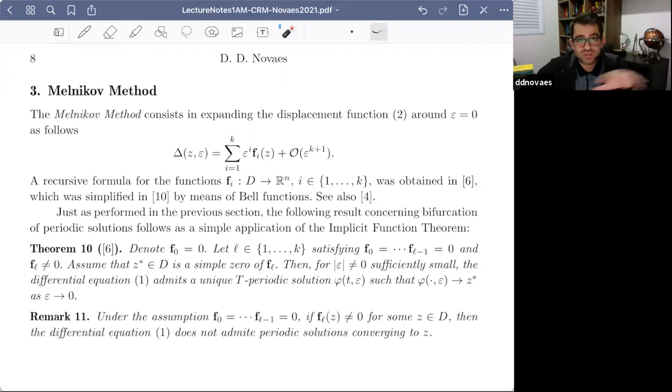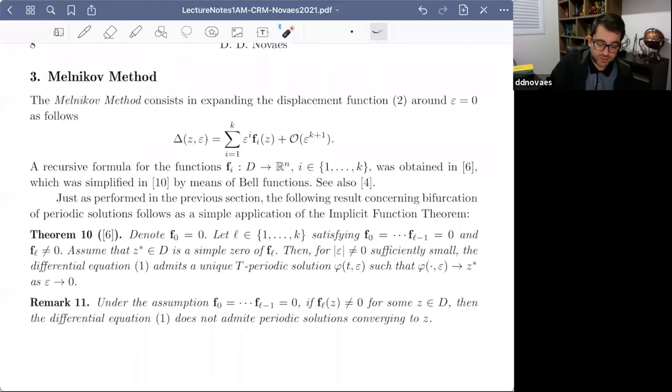We could try to skip this step, which comes from the averaging theory. And this is what we call the Melnikov method, which consists in expanding the Poincaré map or the time T map in power series of epsilon without the need of doing a transformation of coordinates.